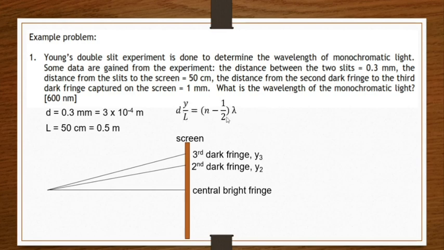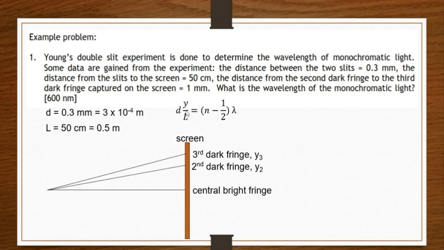We use this equation for the dark fringes. d times y over L equals n minus a half times lambda. Remember what is d? d is the distance between the two slits. L is the distance from the slits to the screen. And this y is the distance from one fringe to the central bright fringe.